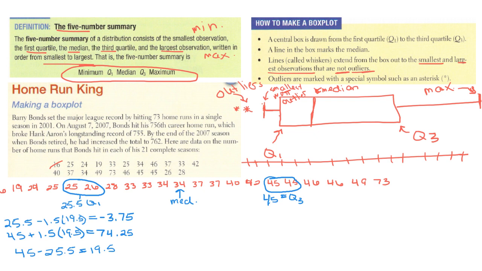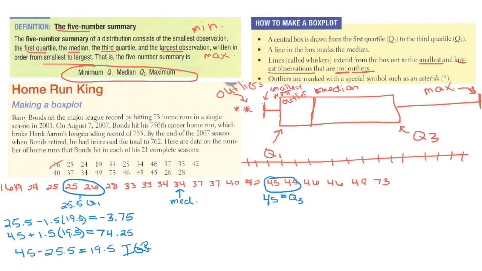Okay, so to construct your box plot, you hopefully went through and you set up your numbers. We have our 5-number summary with 16 being our minimum, 25.1 being our Q1, our median being 34, 45 being Q3. Our IQR is 19.5.